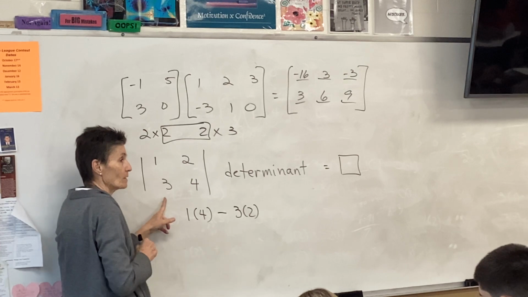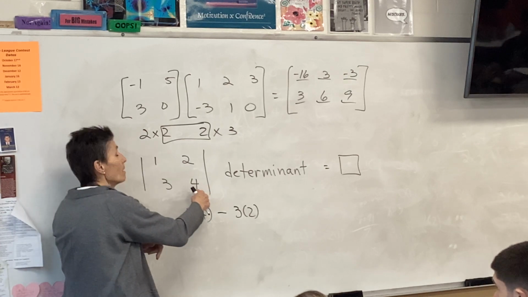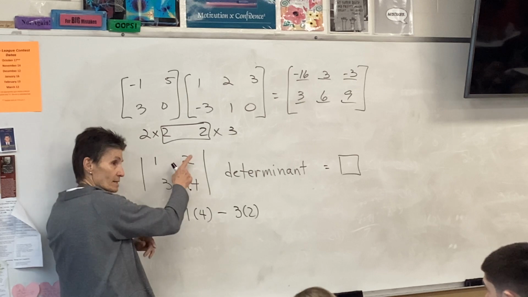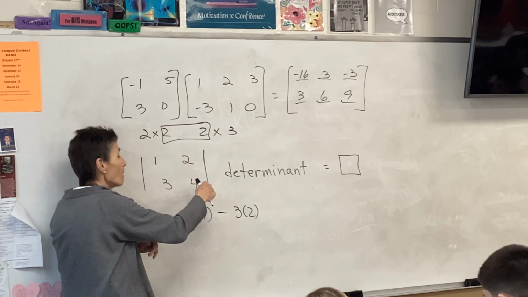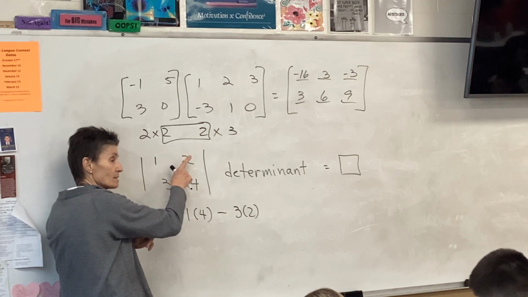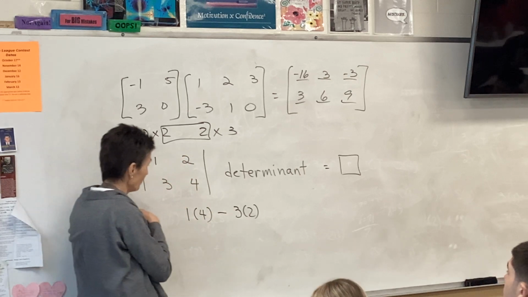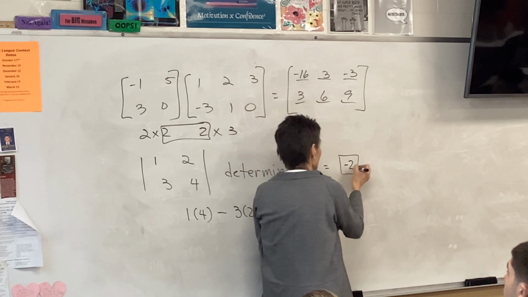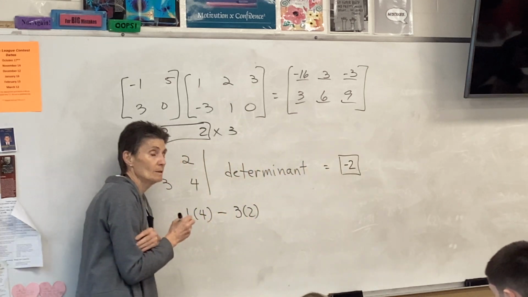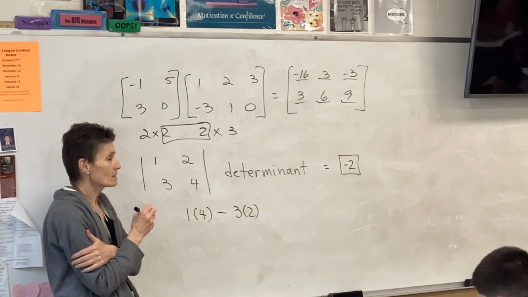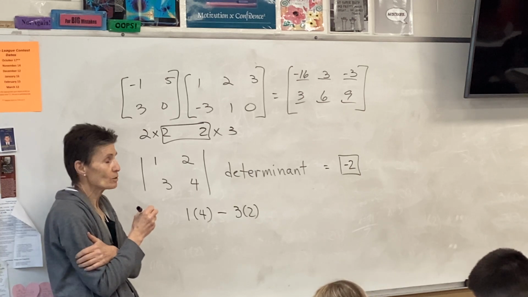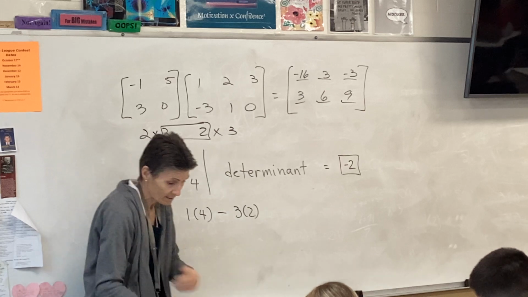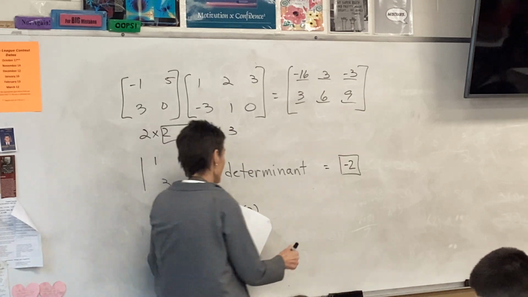So it's this minus this. So the answer to this problem is simply -2. Now we're going to do things with determinants in a little bit, but first we have to figure out how to evaluate them.